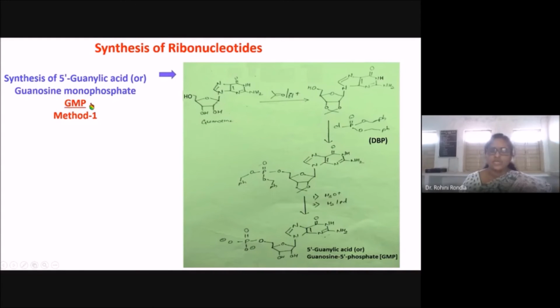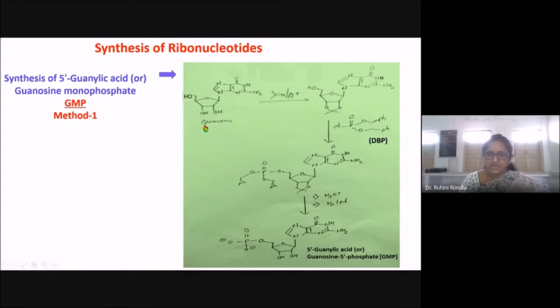This is simple, the steps are very easy. Look, guanosine monophosphate. You are going to synthesize guanosine monophosphate. So just take guanosine directly. And now the next step is addition of the phosphate group at this oxygen. That is our duty.